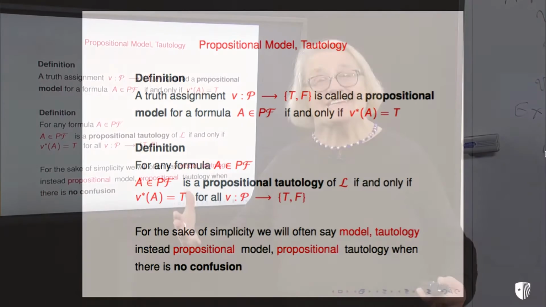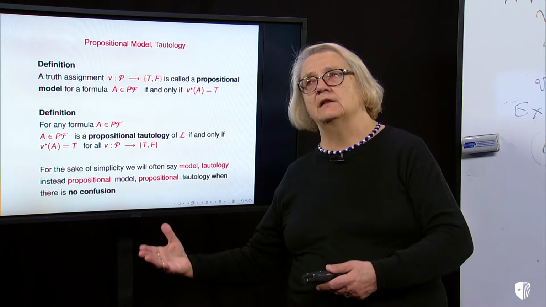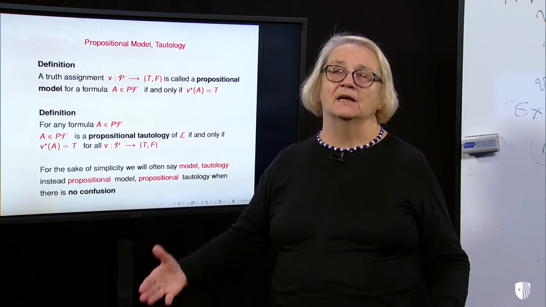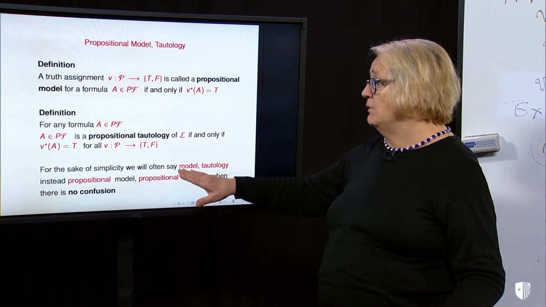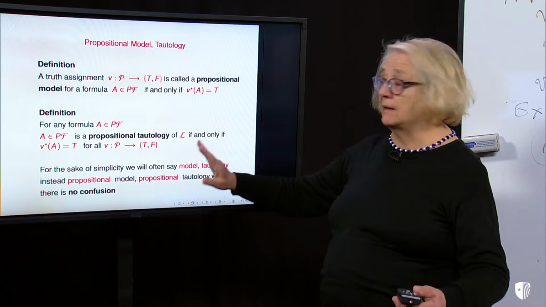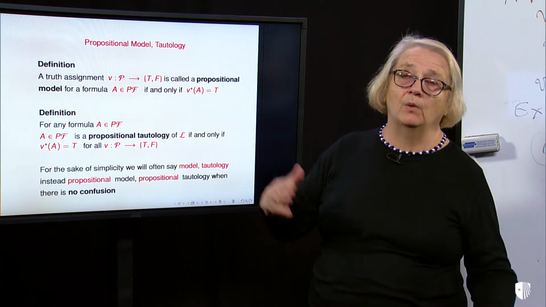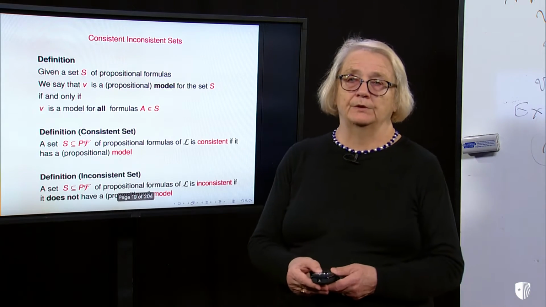I am repeating all the time propositional in predicate logic. So for the sake of simplicity, we will now say model and tautology instead of propositional model, propositional within predicate logic, so you know what is happening.